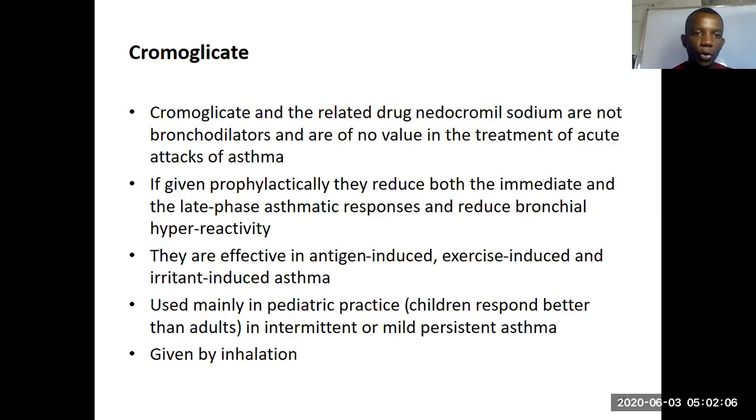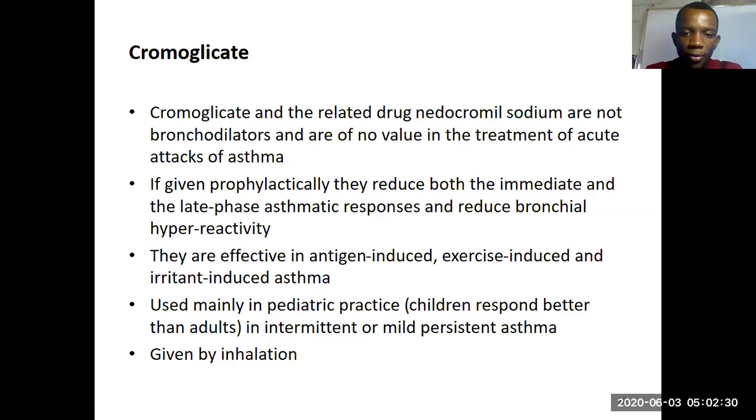Then we have cromoglicate, and the related drug nedocromil sodium. They are not bronchodilators and are of no value in the treatment of acute asthma.